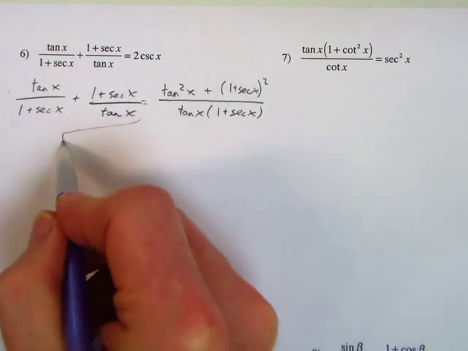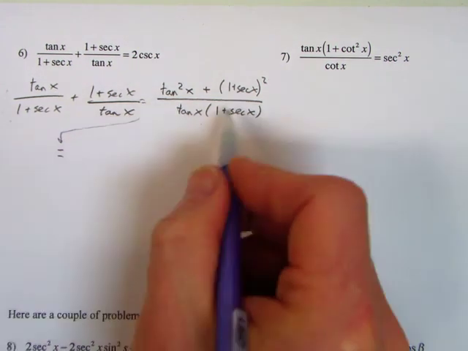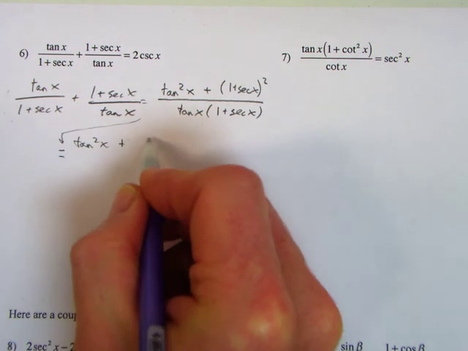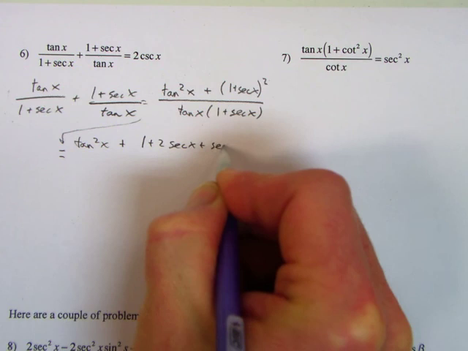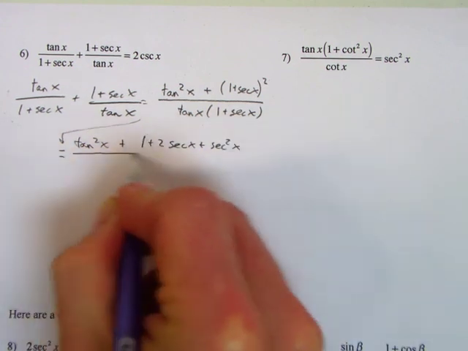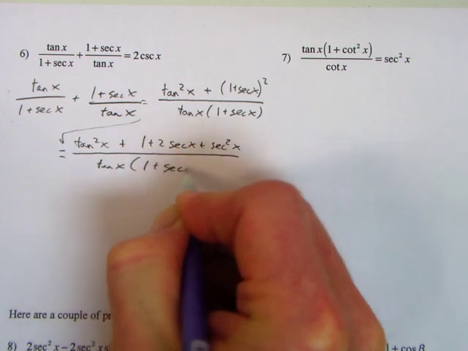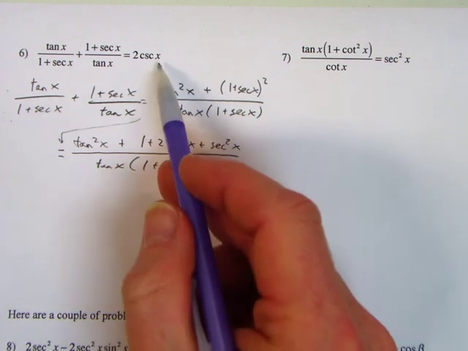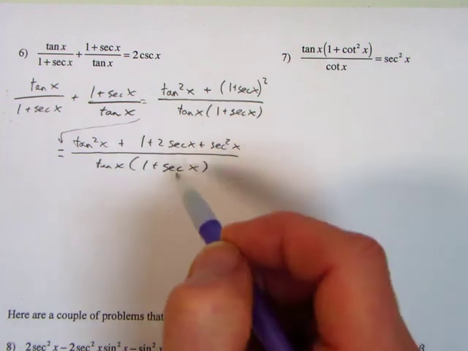Now I'm going to move this over here so you have enough room to do number 7. Put equals. Let's multiply this top part out. So we'll have tan squared x plus 1 plus 2 secant x plus secant squared x over tan x times 1 plus secant x. Now what do you notice? Somehow we need to simplify this. Somehow we're going to end up with just 2 cosecant, or 2 over sine.